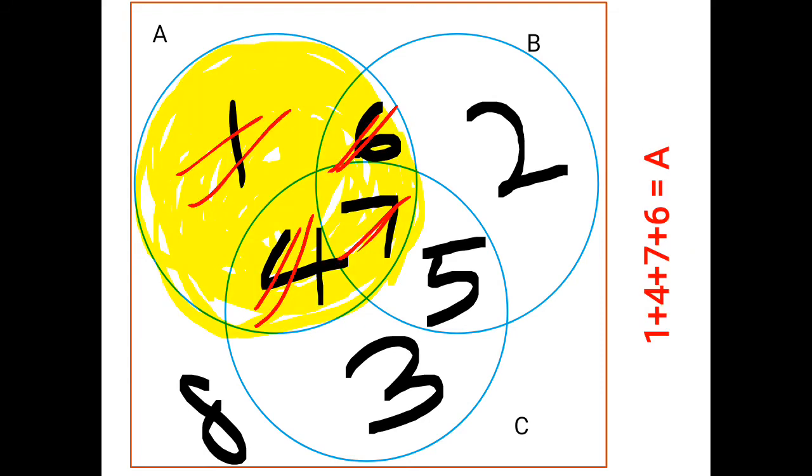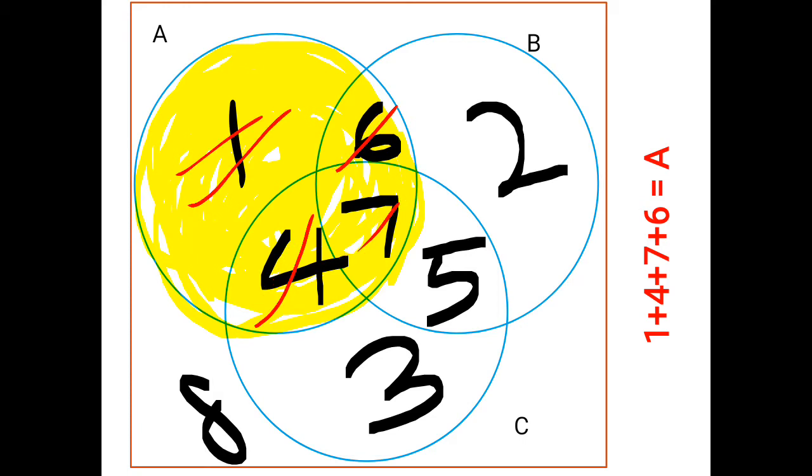But with this one, region 1, region 4, region 7, and region 6 are all shaded. Meaning, when I add region 1, region 4, region 7, and region 6, it should give me the whole circle of A. That is right.